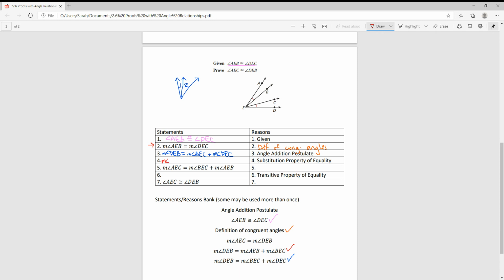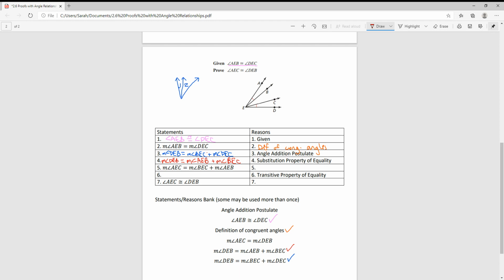So I'm going to write that equation out. We've substituted, sorry, this should be a BEC. Notice that BEC is in both, but instead of DEC, we've used AEB. That was from our substitution property of equality.